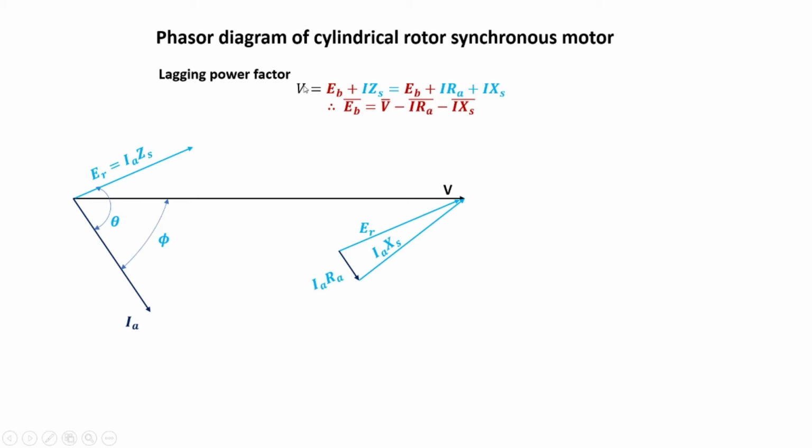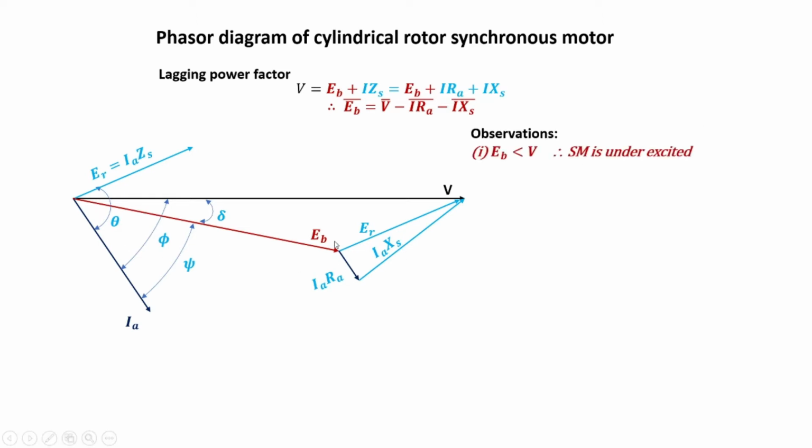So V minus IAZS gives the back EMF EB. The angle between V and EB is the load angle or power angle delta, and the angle between EB and IA is the internal power factor angle psi. Here it is to be noted that the magnitude of EB is less than the terminal voltage. Therefore, the synchronous motor is operating under under excited condition.